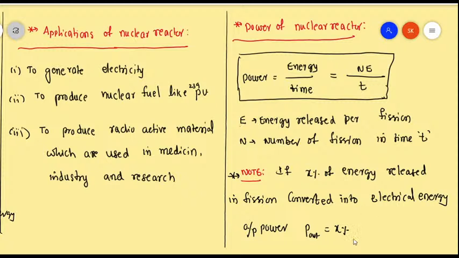Then how much is the electrical output power? The released energy is not totally converted into electrical energy. The electrical power I want, that is output power, is equal to X% of total power. What is X%? X by 100. What is the total power? From the previous equation, that is NE by t. Right? This is the formula.